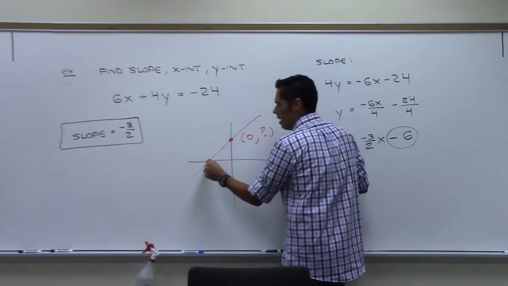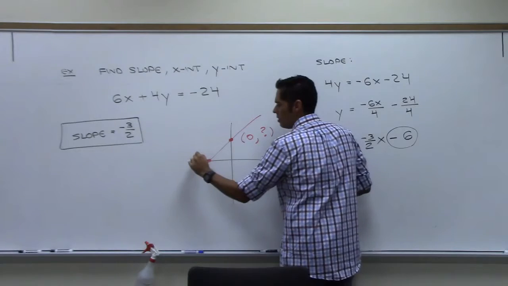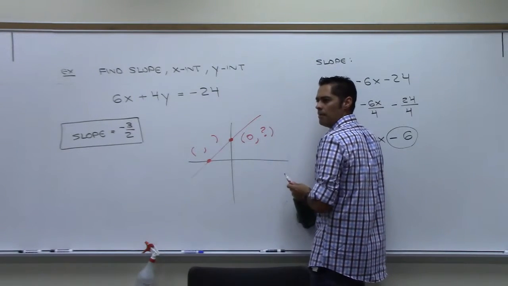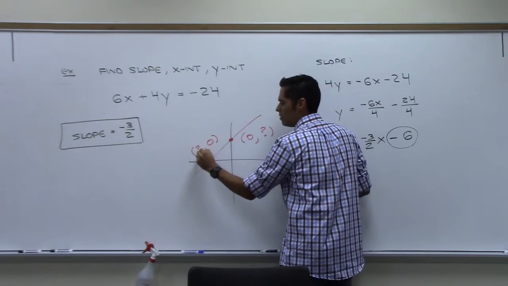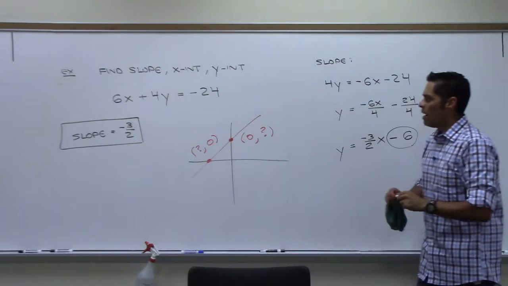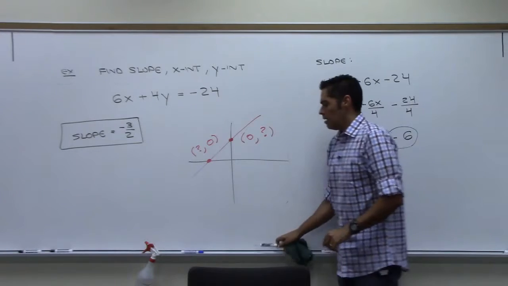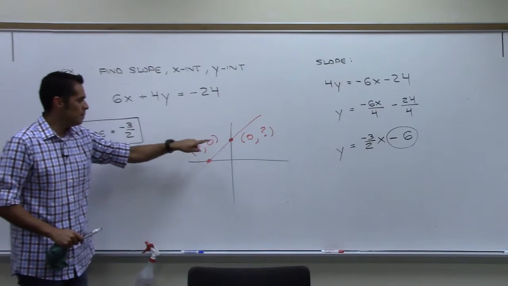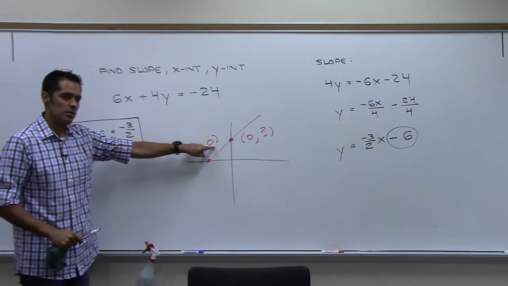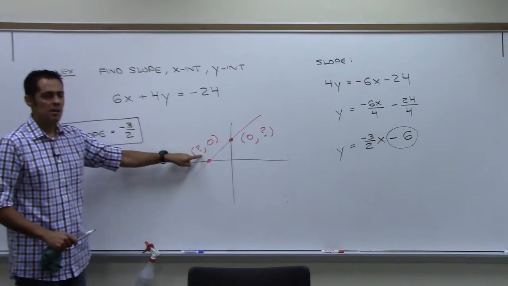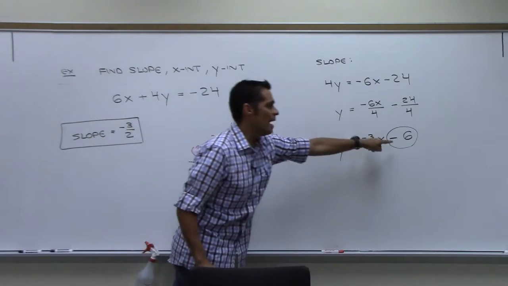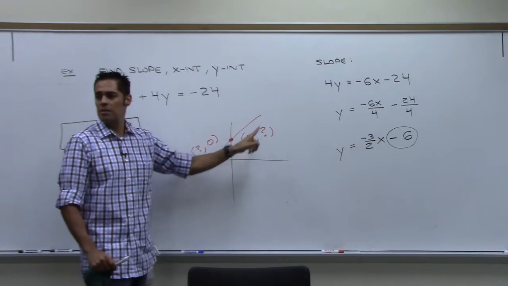If you're on this line right here, this point on the x-axis, what can you tell me about the y-coordinate? It must be 0. And then the x-coordinate is something, right? So the way that we find x-intercepts is to replace y with 0 in the equation and solve for x. The way we find y-intercepts is to either just do that or replace x with 0 and solve for y.